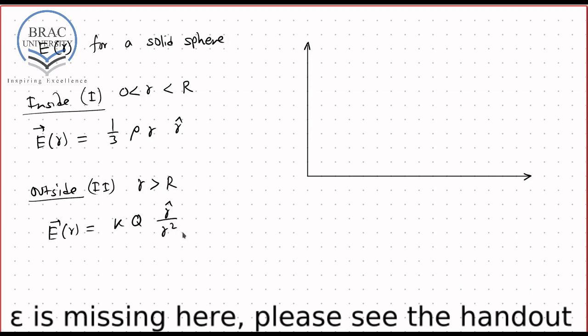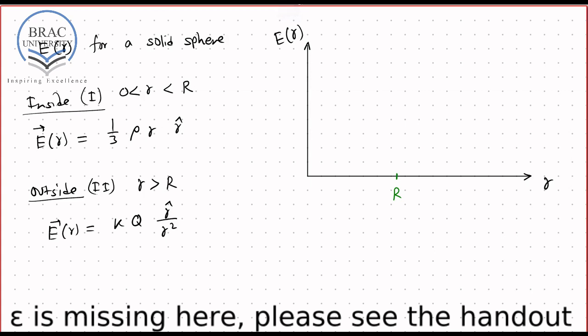Now if we want to plot it, notice that these formulas are not exactly the same. So this is our Gaussian surface radius. We plot radius along this axis and the magnitude of the electric field along this y-axis. Inside the sphere, if small r is 0, the electric field will be 0, because 0 times something is 0.